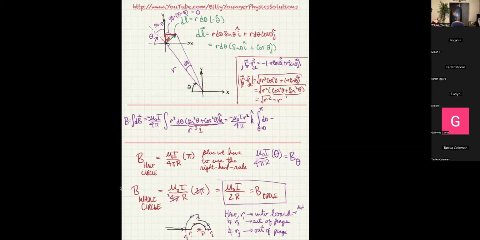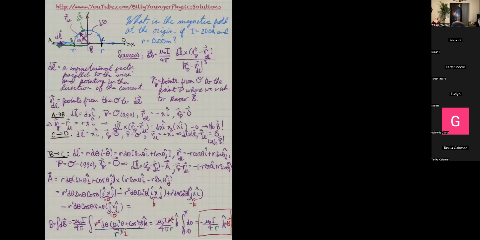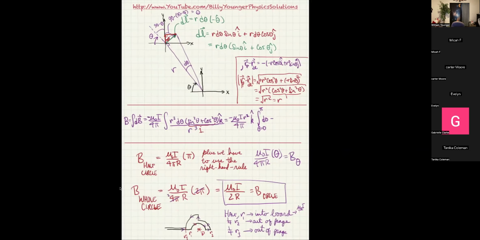So this one's going to give me mu 0 I over... this is the half circle, so this one becomes the 4r. And then I'll say that one's in.